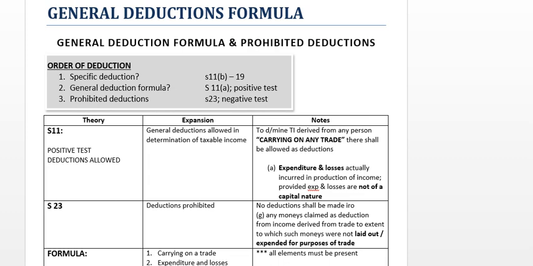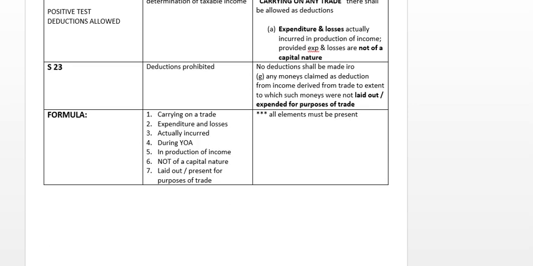Now, with deductions, we get our general deductions according to the formula, which I'm going to go through now. Then there are some prohibited deductions, so that's section 23 and the negative test, and then also some specific deductions as determined in section 11(b) to 19. So let's start with general deductions.